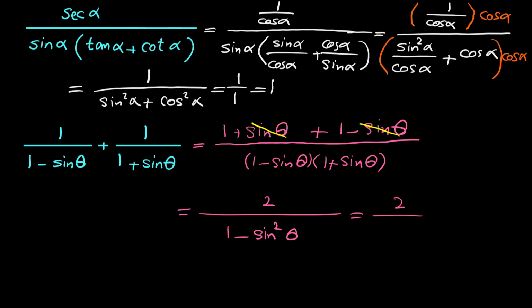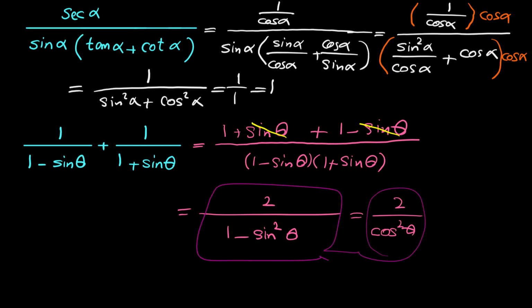What is that thing? 1 minus sine to the 2 is, yes, cosine to the 2. 1 minus cosine to the 2 is sine to the 2. And of course, this answer is definitely better than this answer.